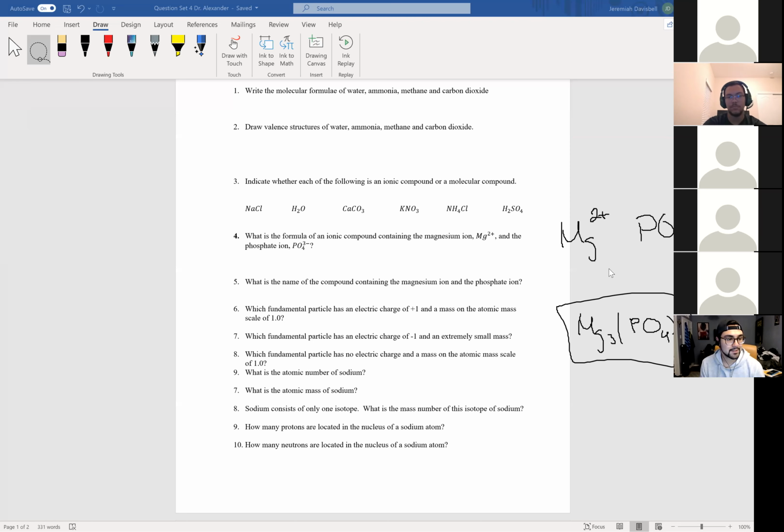And the next question is basically the same as this one. It's just asking for the name. Does someone want to cover 6? So the rule of 7 can combine nonmetals with metals.